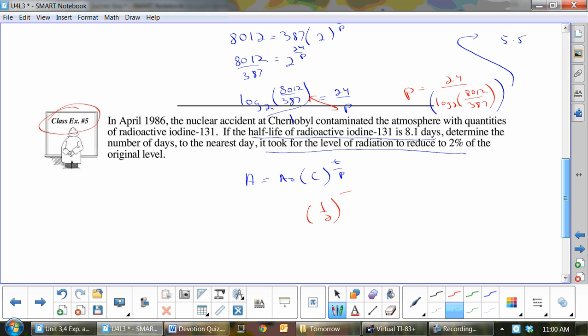P is 8.1. We're looking for T, right? Now, how much do we start with? No, because they asked us for the number of days, so that works out good. You've got to keep that the same. Very good question.